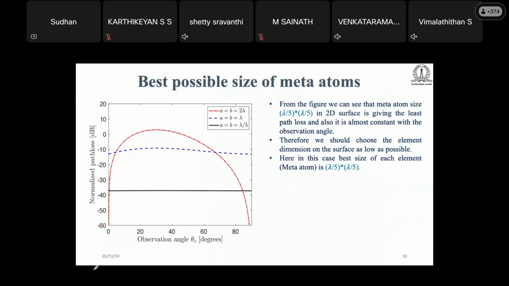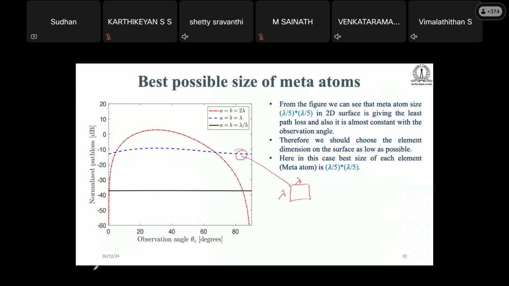So now this is a very good characteristic. As I mentioned, IRS has so many elements, and now what could be the size of the elements? Let us look at the 3 studies we have taken here. So the size is this one. In this case this is lambda and this is lambda, and this one is denoted by this.